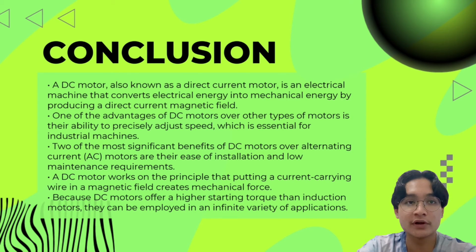Two of the most significant benefits of DC motors over alternating current AC motors are their ease of installation and low maintenance requirements. A DC motor works on the principle that putting a current carrying wire in a magnetic field creates mechanical force. Because DC motors offer a higher starting torque than induction motors, they can be employed in an infinite variety of applications. That's all from us.